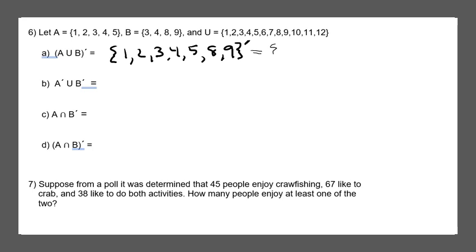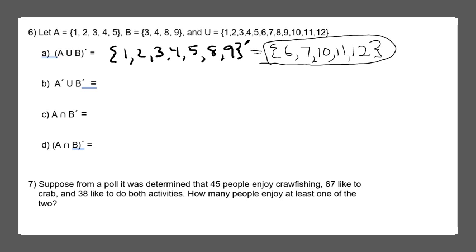I'm missing the 6, so we know that is in the complement. 7's missing. I have 8, I have 9, I'm missing 10, I'm missing 11, I'm missing 12. So this is the complement of the union of A and B.